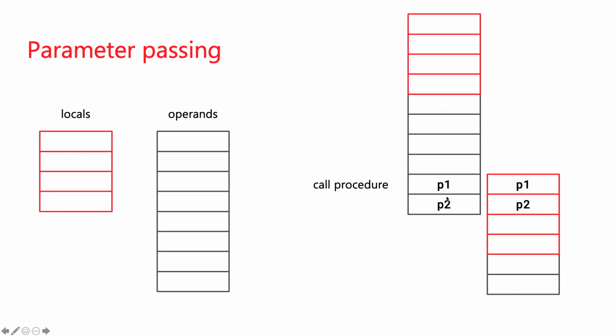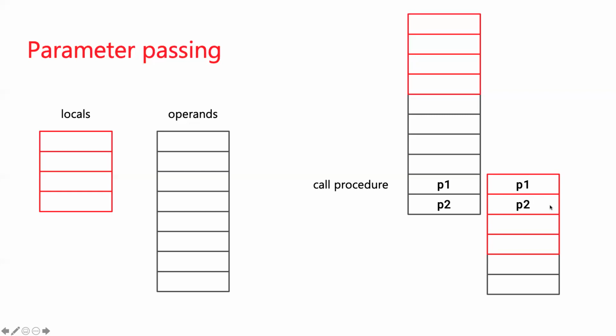So while you're executing a Java method, if you're about to call another method, you stage parameters for that method on your operand stack. And then when you call that method, it expects those parameters to show up as local variables in that method.